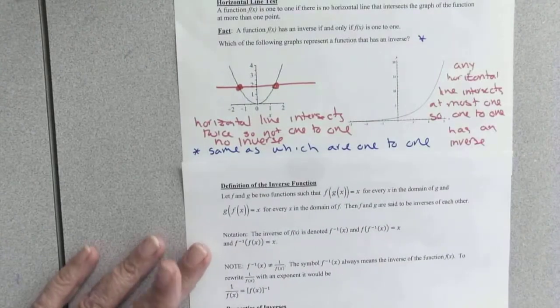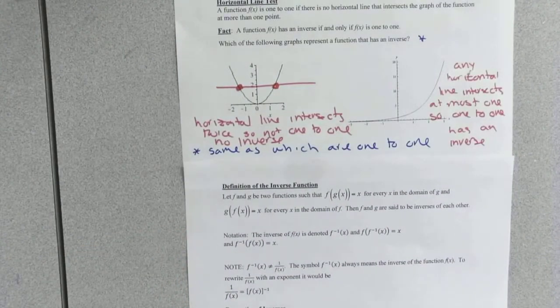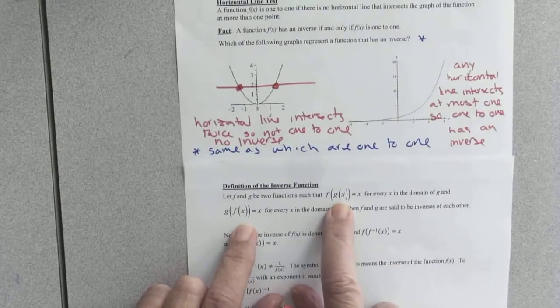So talking more about inverses, let f and g be functions such that f of g of x equals x for every x in the domain of g, and g of f of x equals x for every x in the domain of f. Then f and g are said to be inverses of each other. So there's the mathematical way of saying that they undo each other. What I said at the very top, inverse functions undo each other. The way a mathematician says things undo each other is with the composition statements here.